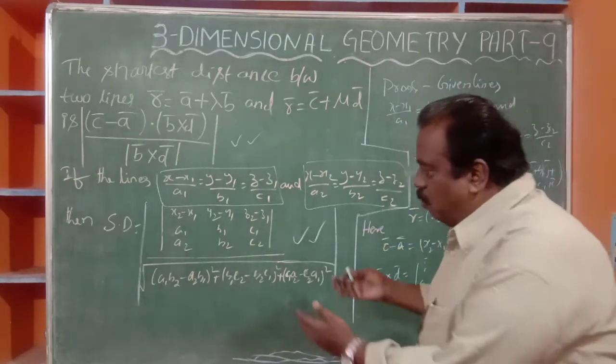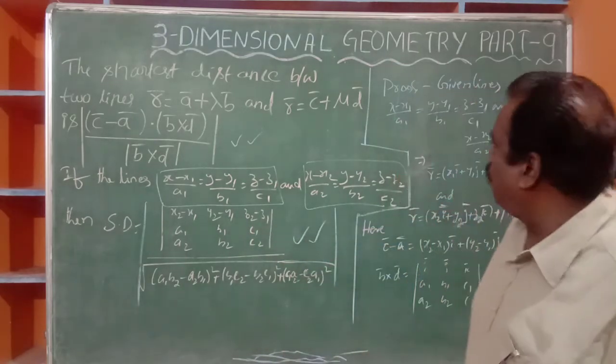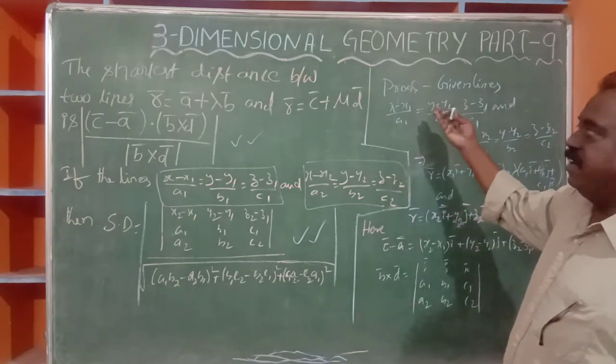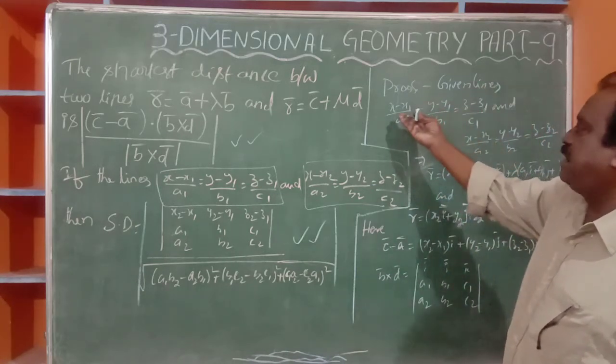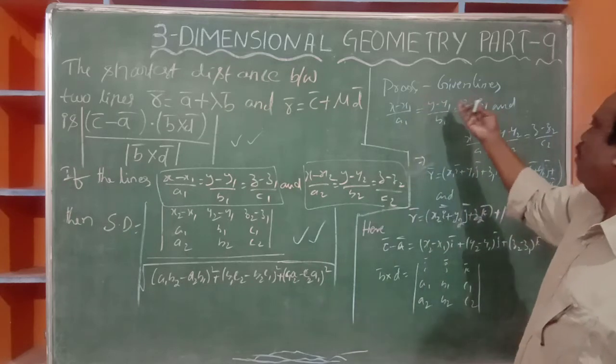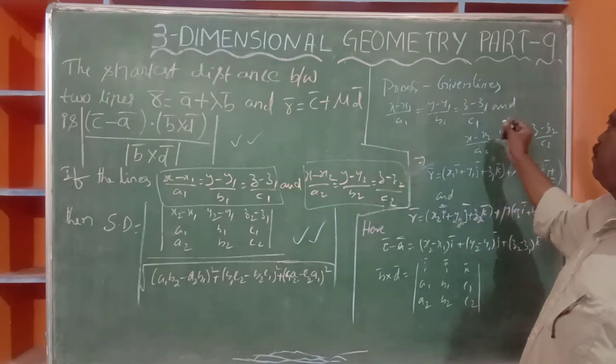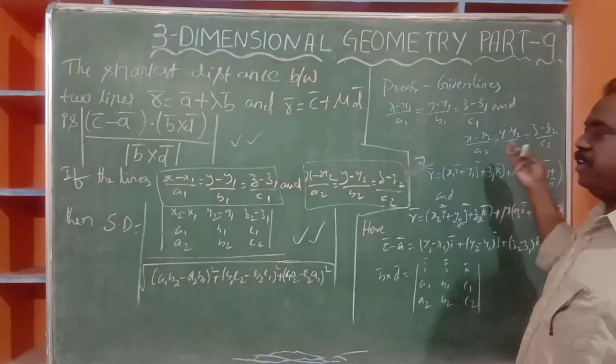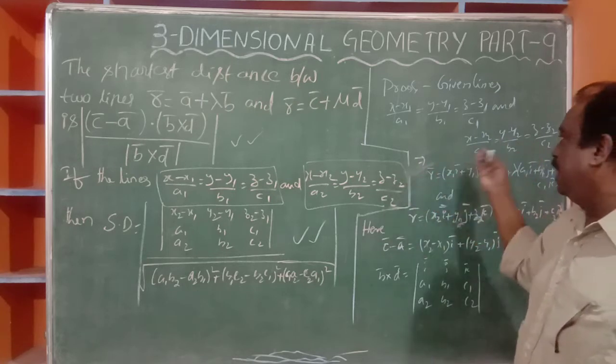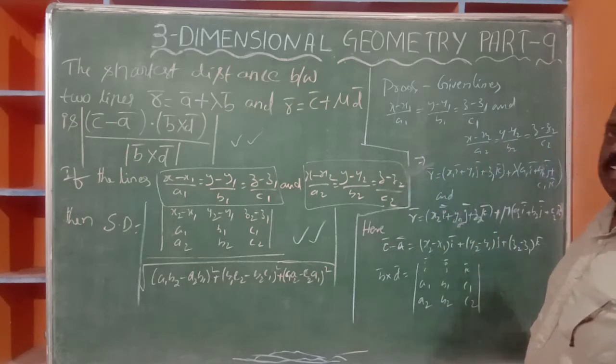How is it proved? Here I have clearly given it. The given lines are: (x minus x1) by a1, (y minus y1) by b1, (z minus z1) by c1, and the second line, (x minus x2) by a2 and so on. Already I told you.